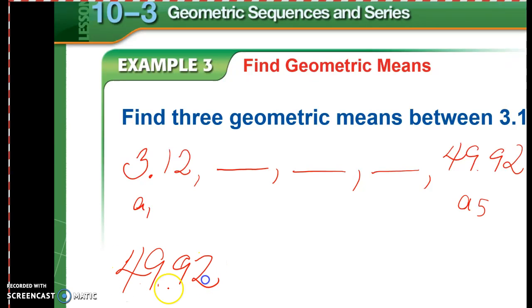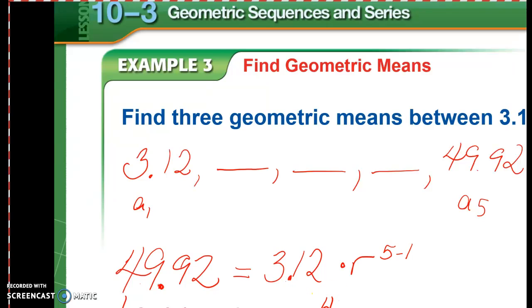49.92. So we know our last term that we know is 49.92 equals my first term times the r, which I don't know, but I know that this is my fifth term. So we have 49.92 equals 3.12 times r to the fourth.